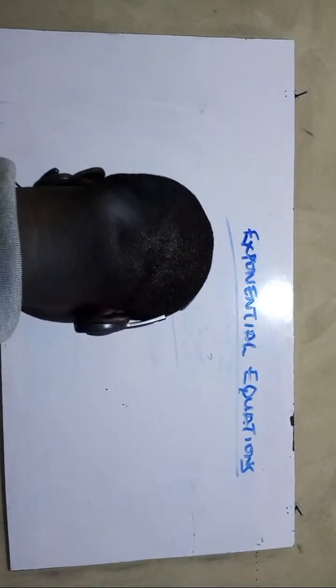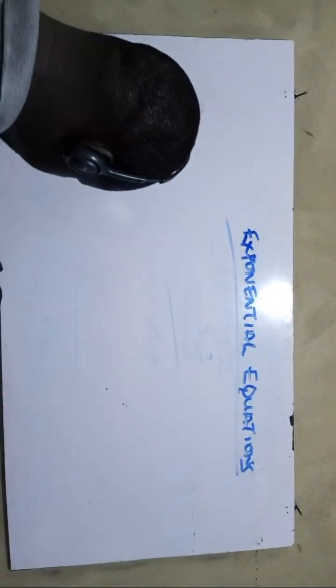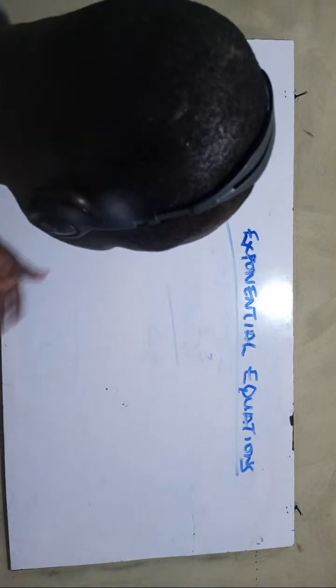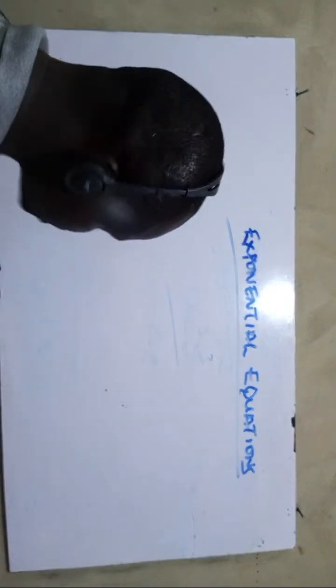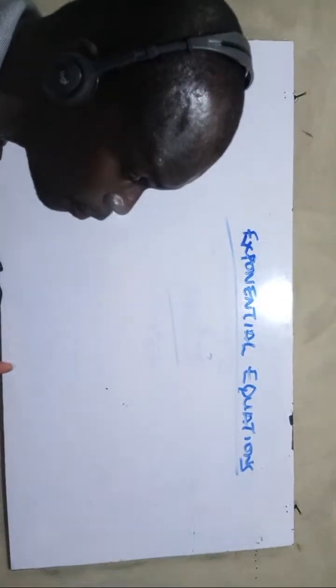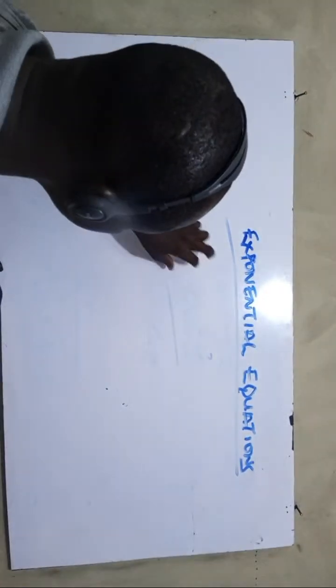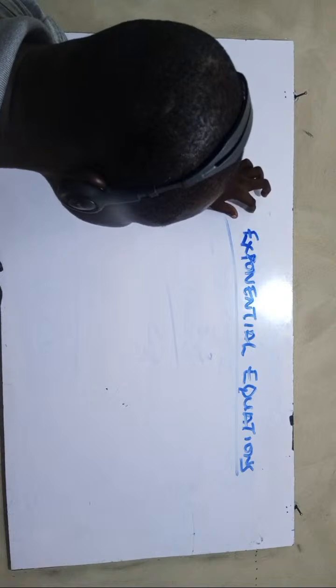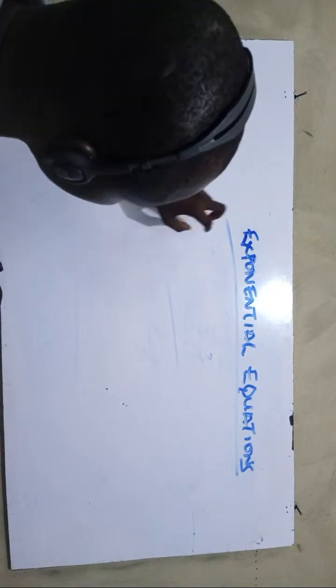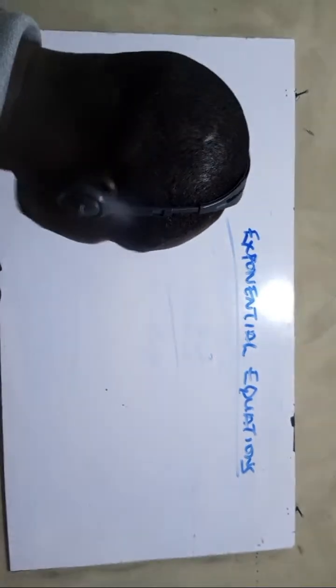What we do under this simple exponential equation is that we can reduce them to quadratic form in most cases, and it can even be in linear form, but we can actually reduce them. So these simple exponential equations actually involve problems under logarithm, under indices.